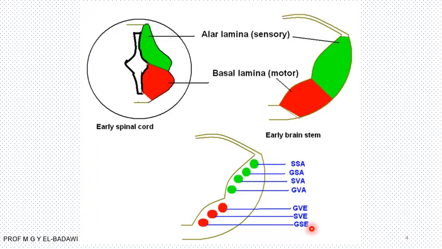So it starts here with the motor part, the somatic, and then the visceral. In the sensory part, it starts with the visceral, then the somatic. That is the arrangement in the brainstem.